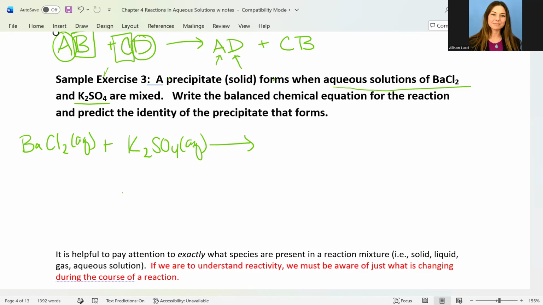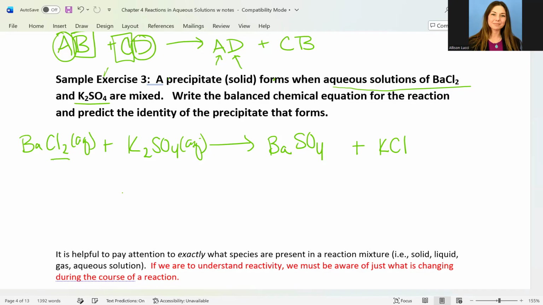We're going to switch partners here, and I could mix together barium with sulfate. So Ba2+ and SO4 2- would combine, and I'll check my table on the previous page to see if that would form a precipitate. But then I'm also going to mix together potassium and chloride.